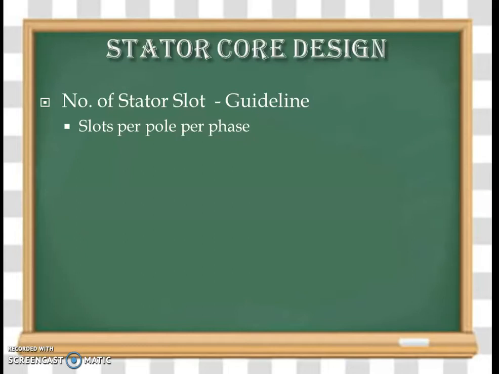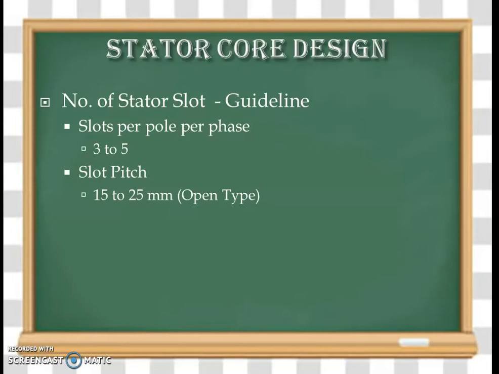We should have integral number of slots per pole per phase, and normally we consider 3 to 5 slots per pole per phase while deciding the stator slots. Sometimes we consider a narrow range and we select between 3 to 4 slots per pole per phase. Then we have a slot pitch.